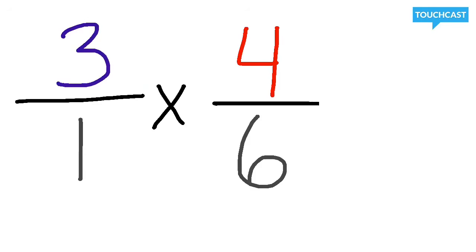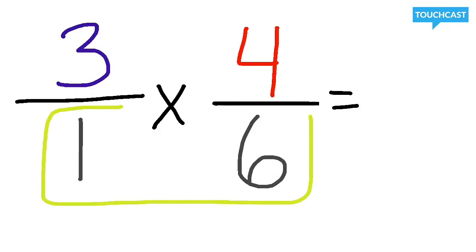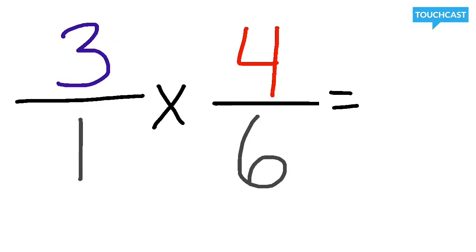They both look like they're on the same level. Now, by doing so, you simply just need to multiply. So let's start here first. Let's start with our denominator. 1 times 6. Now we know the rule: whenever you multiply a number by 1, it equals that same number.